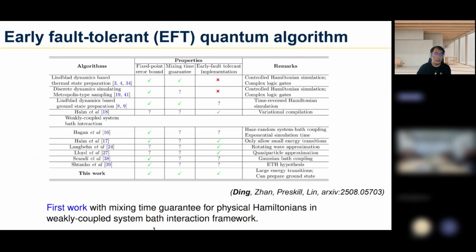In fact, our work is the first that can simultaneously rigorously prove the fixed point error bound, have the mixing time guarantee, and be friendly to early fault-tolerant implementation. This is based on the weak system-bath interaction system.